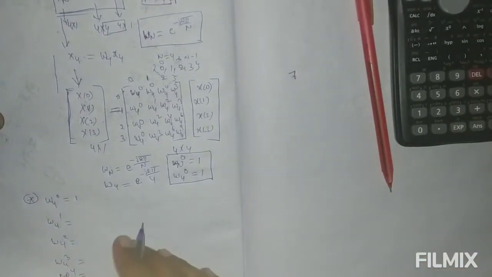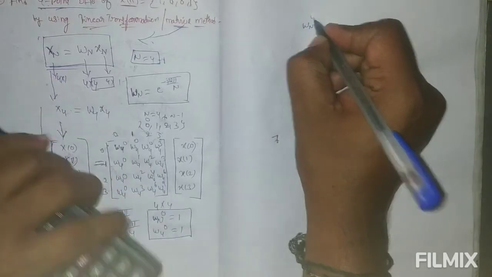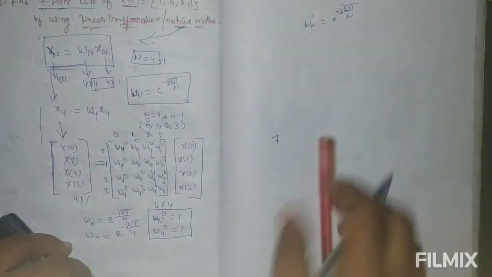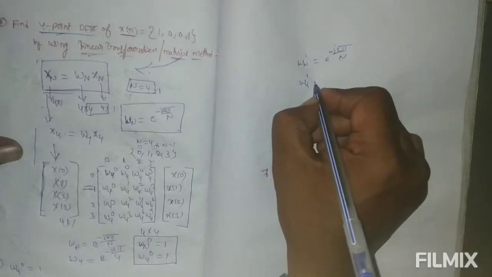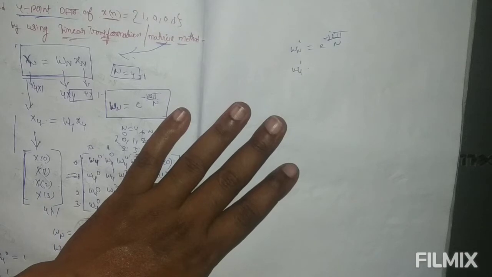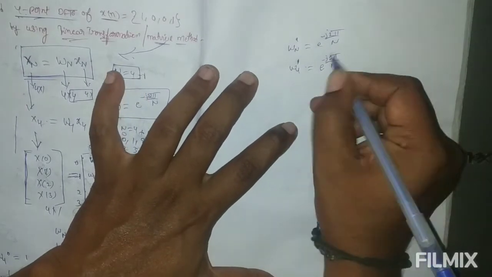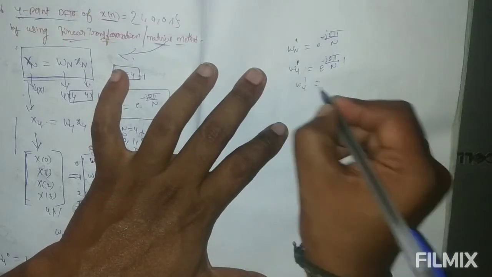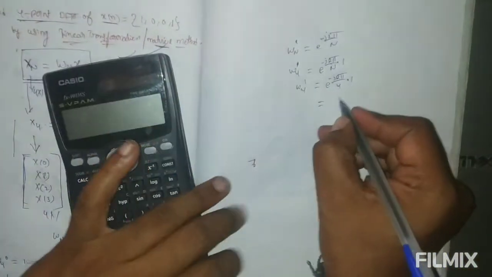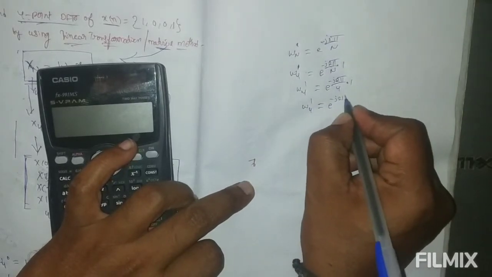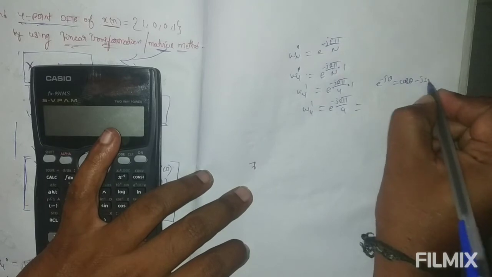First we find W4 of 1. Using the formula W N equal to e power minus j 2 pi by N, W4 of 1 equal to e power minus j 2 pi by 4 into 1. We are using the calculator. From the trigonometry formula, e power minus j theta equal to cos theta minus j sin theta.